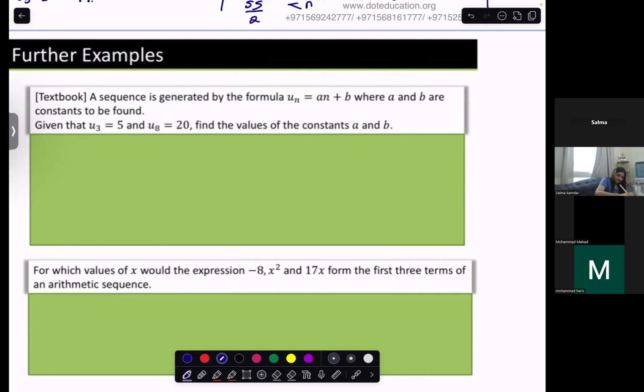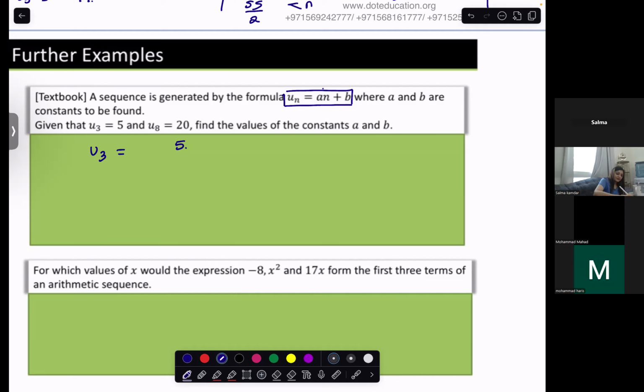I have the formula for this, and you have the value of U3 and the value of U8. So I write U3. Just substitute the values into the equation for both of them.